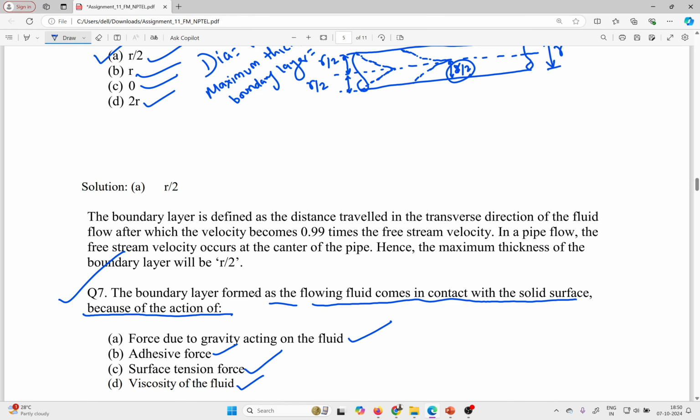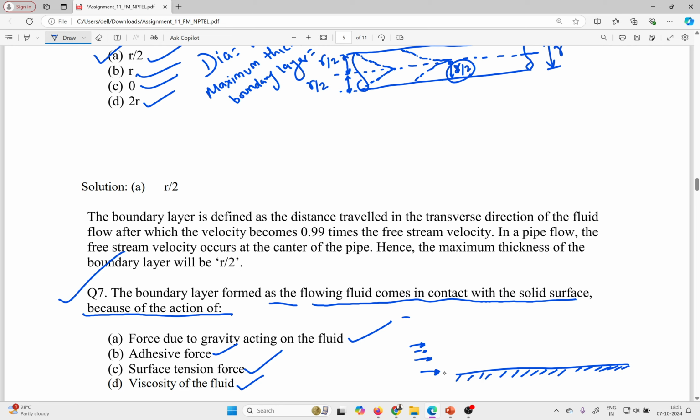Question number 7 is about the boundary layer formation as the flowing fluid comes in contact with the solid surface. Here I will again draw the plate. Here is water. Let's suppose the water is flowing like that.